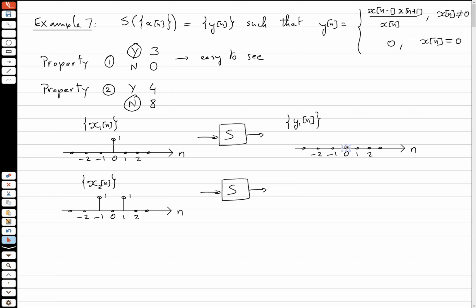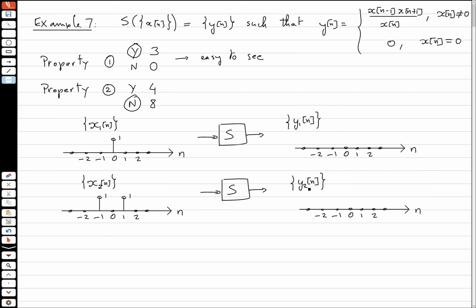Now, what happens to the second one? What is the response to the second one? Really? Also? Really? Like that?